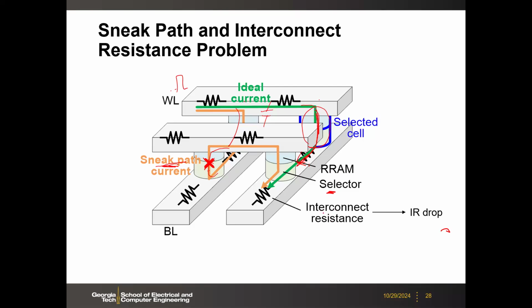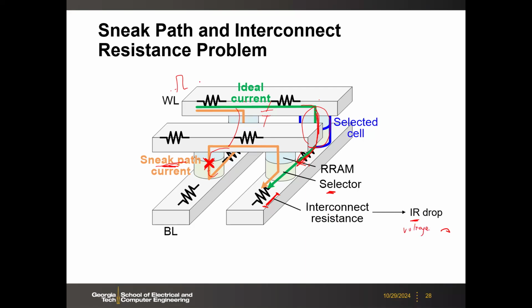So here the interconnect resistance, this wire resistance, will introduce IR drop. What is IR drop? I is current, R is resistance. So I times R, after each segment here, I times R is voltage, right? Essentially it's a voltage drop.